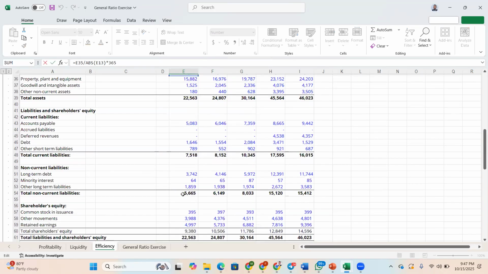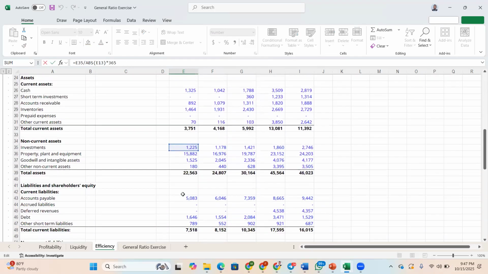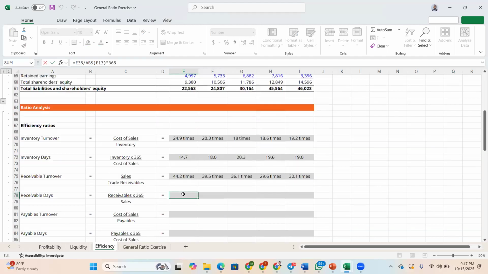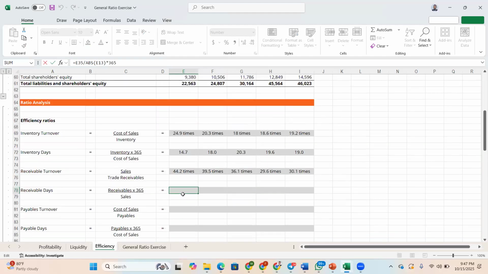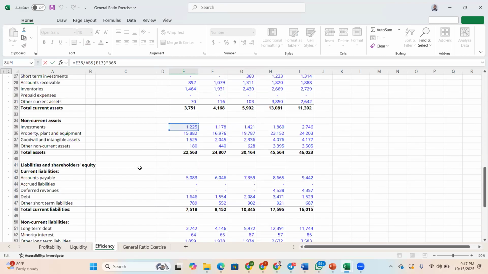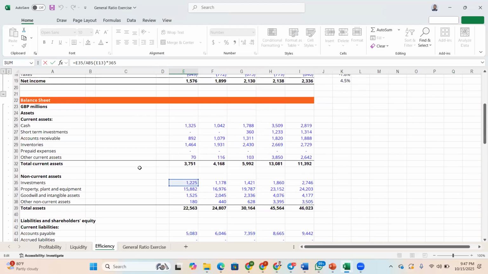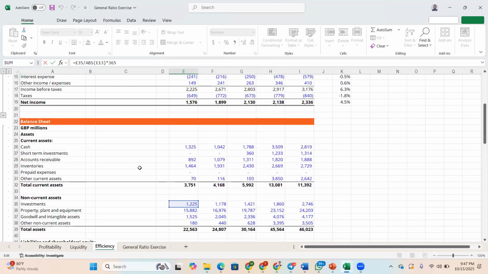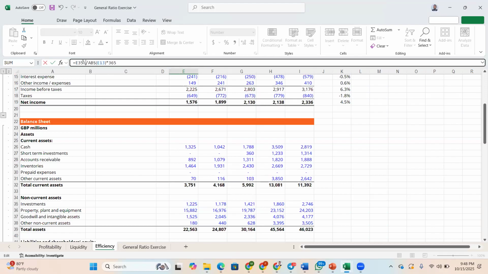Let's check. Our receivables days is supposed to be receivables over sales times 365. So your receivables is on row 28.